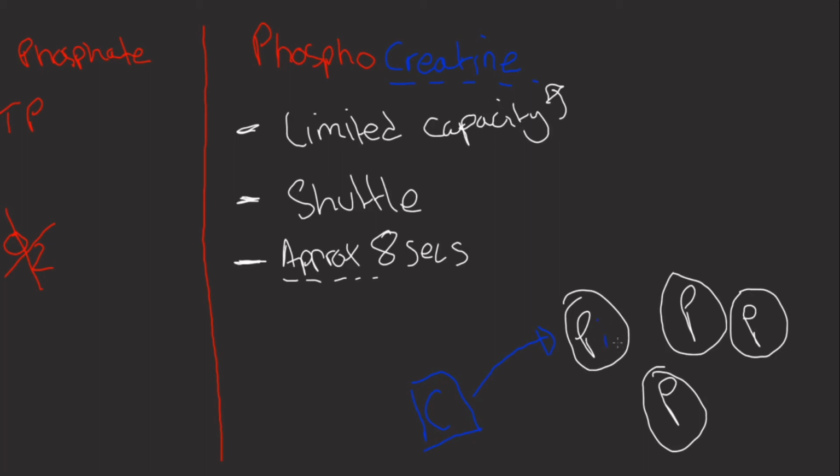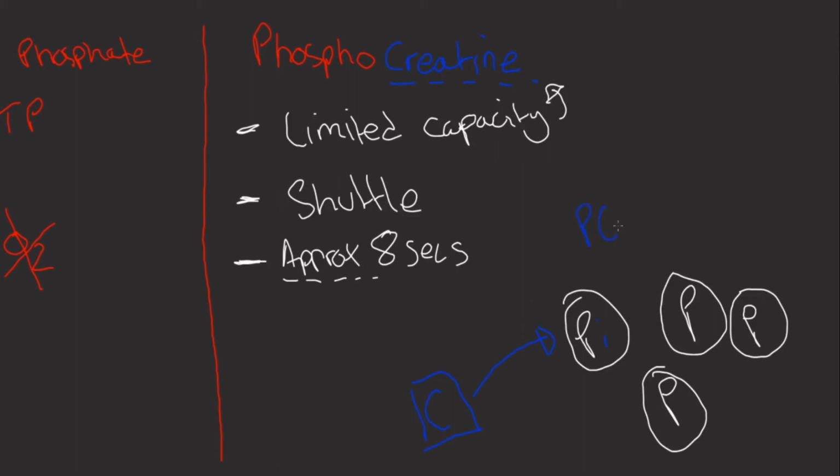This basically means inorganic phosphate. It's not joined to another molecule or another component, so it's inorganic. So creatine picks up phosphate and becomes phosphocreatine. Who knew?